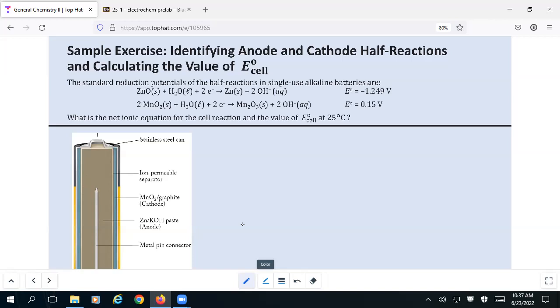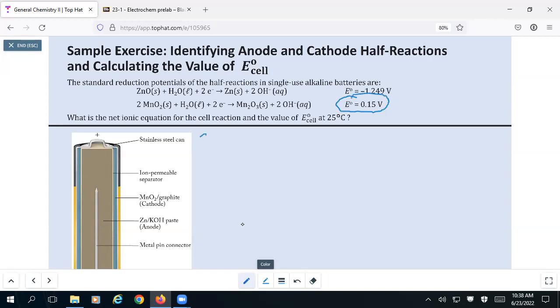So which one is going to stay a reduction potential and which one is going to eventually get oxidized? Which one's going to flip around? And the way to identify it is actually easy. We just look for the one that has the better reduction potential, the more positive value. More positive value is this one here.